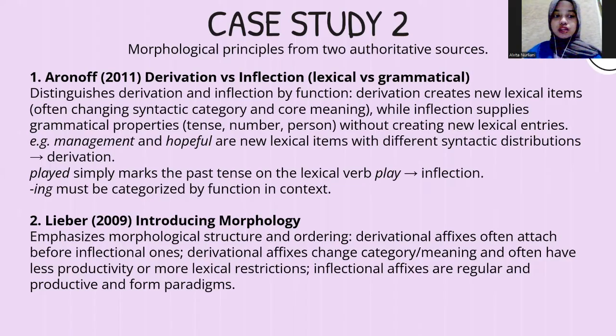And number two is from Lieber in 2009. In his book Introducing Morphology, he emphasizes morphological structure and ordering: derivational affixes often attach before inflectional ones, and inflectional affixes are regular and productive.